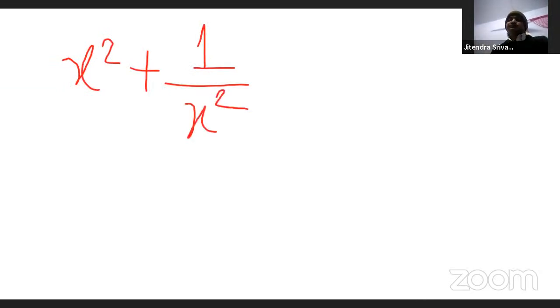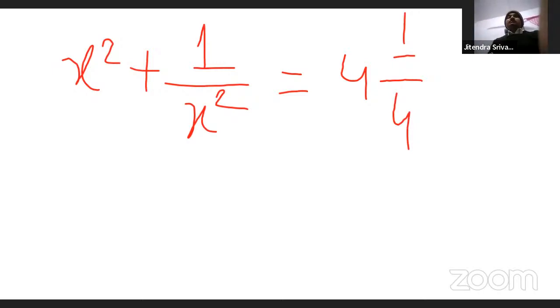So now the next question is x square plus 1 upon x square equals 4 whole 1 upon 4. Now we will solve this equation.